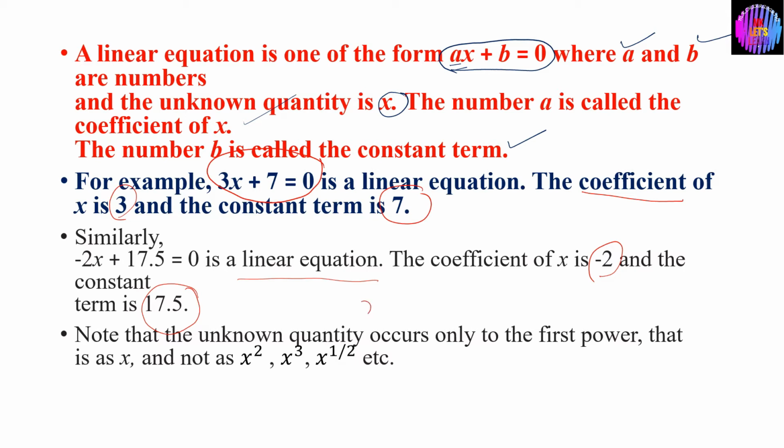That means the term x power 1 is called the first power, that is as x and not as x square, x cube, x to the power of 1 by 2. These should not be taken in a linear equation. Only the x power 1 term is in a linear equation.